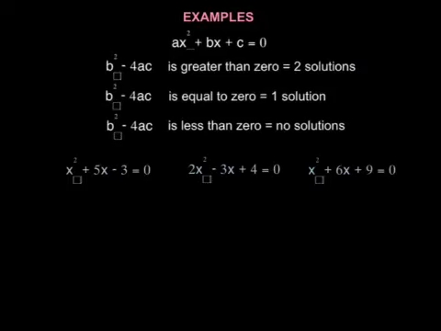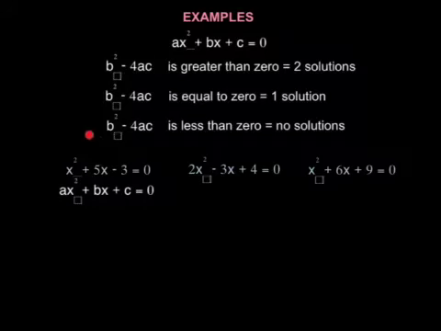Okay, so we're now going to use the information that we have just learnt, which I've summarized here, and figure out how many solutions each of these 3 equations has. I'm going to start with the first one on the left-hand side, x squared plus 5x minus 3 equals 0. To make it nice and easy, I've popped the equation ax squared plus bx plus c underneath, and we're going to substitute a as 1 because there is 1 in front of the x squared, b as 5 and c as negative 3.